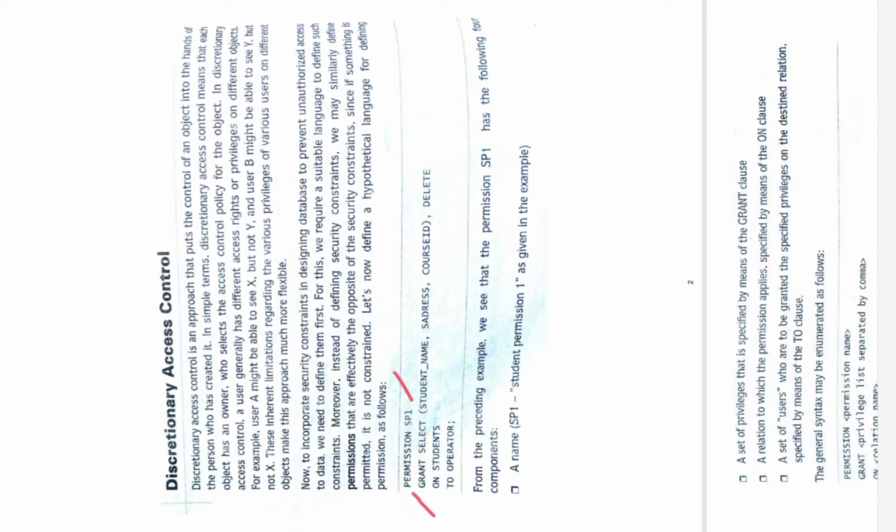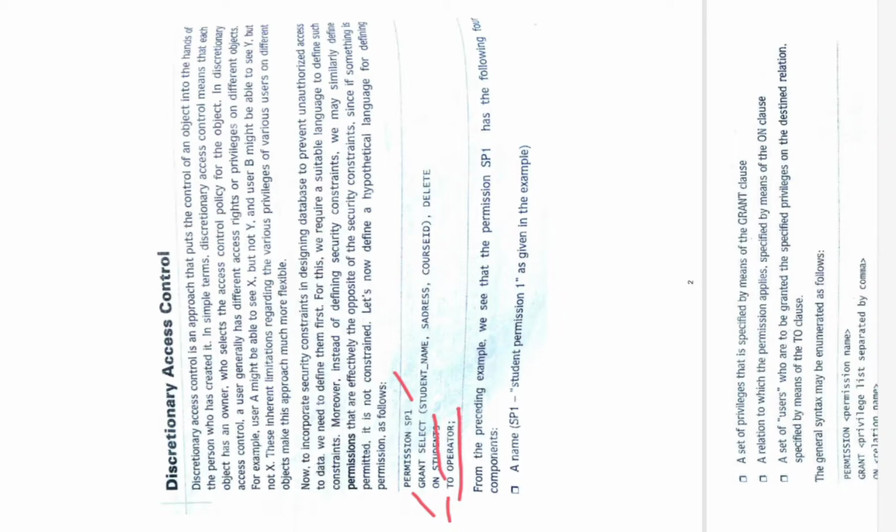grant, and I am going to select whatever the attributes which I want to select, right? Then on which particular table, on which particular relation I want to apply this, that relation also I need to select, and then to the operator, right? Now what do you mean by this operator?